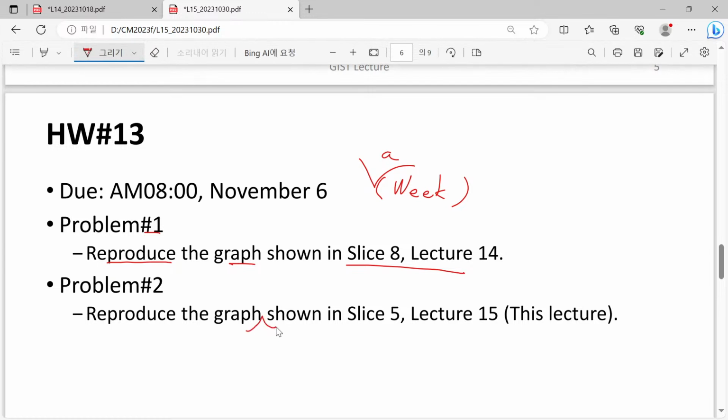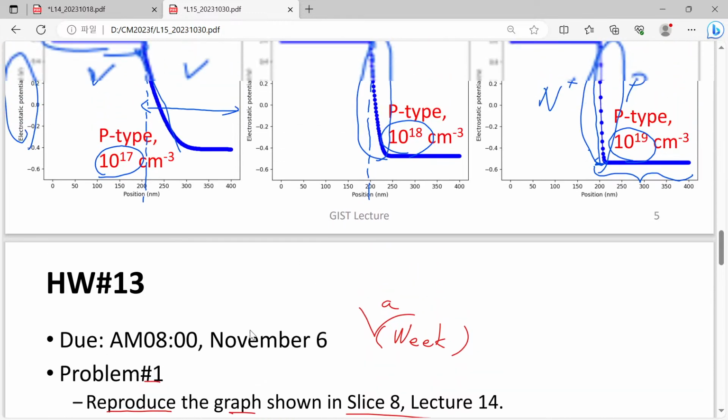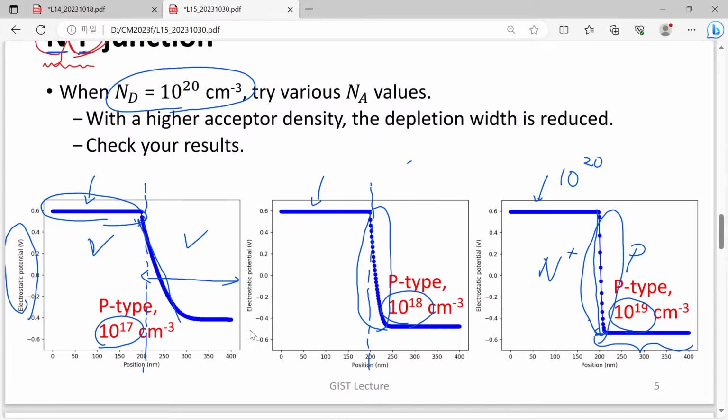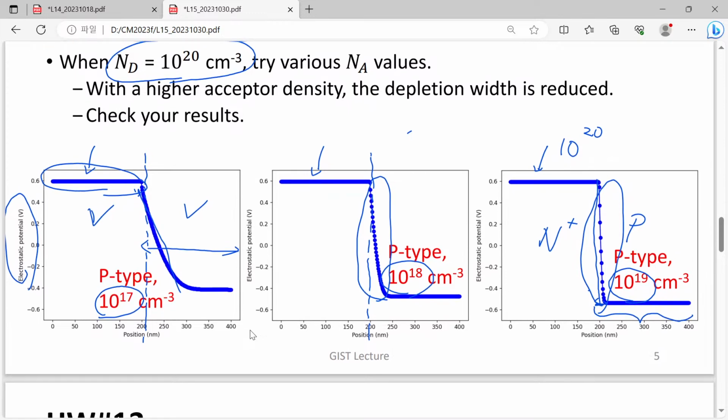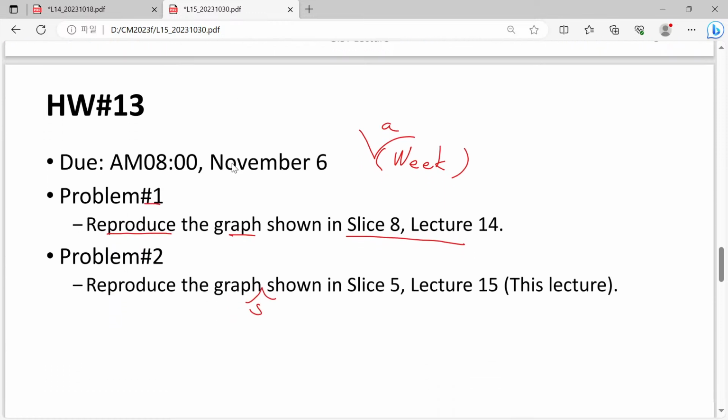I have to say plural forms, like please try to reproduce the graphs shown in our previous slide. Yes, you can do it. However, this problem 2 is much easier than problem number 1.